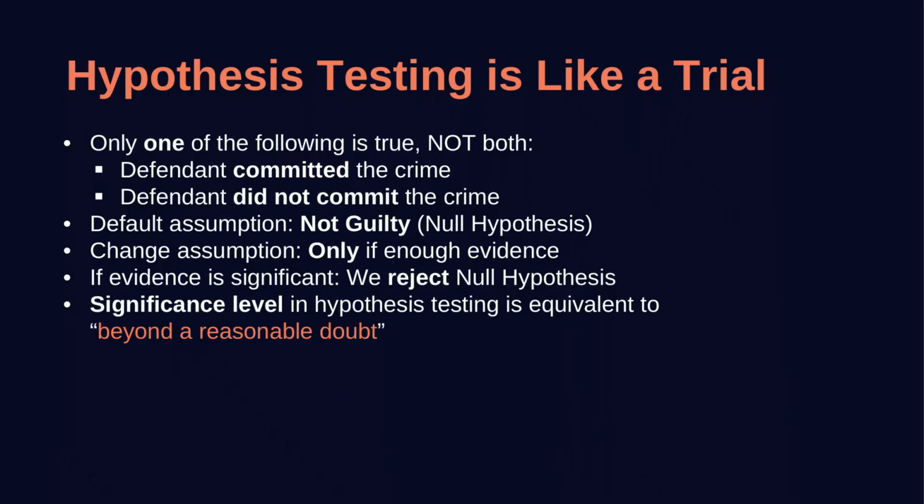Instead of saying we accept the alternative hypothesis, we say we reject the null hypothesis or fail to reject the null hypothesis. In a trial, if evidence shows beyond a reasonable doubt that the defendant has committed the crime, the verdict is guilty. In hypothesis testing, the equivalent of beyond a reasonable doubt is called the significance level. We'll talk about it later in the video.